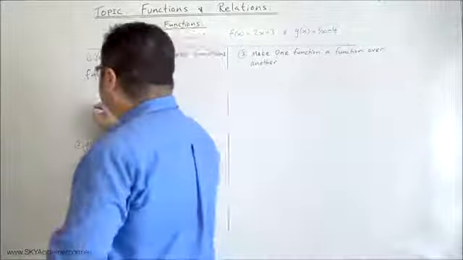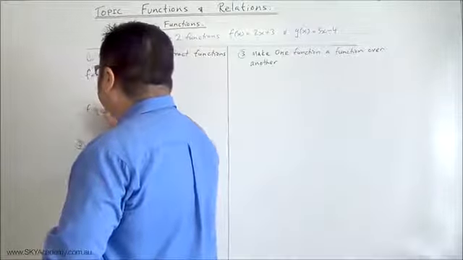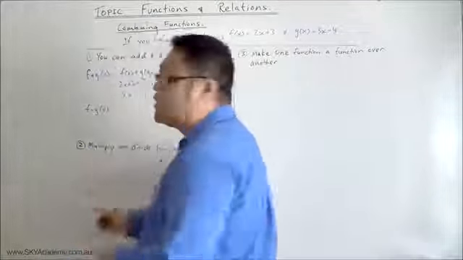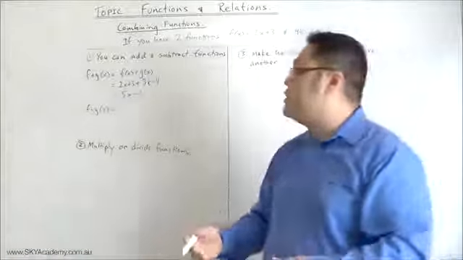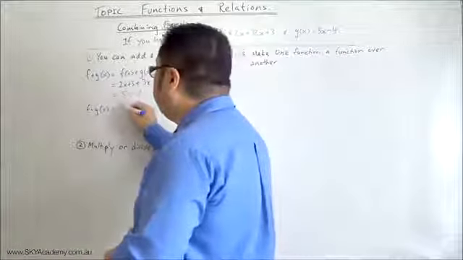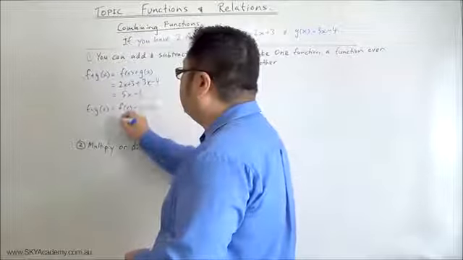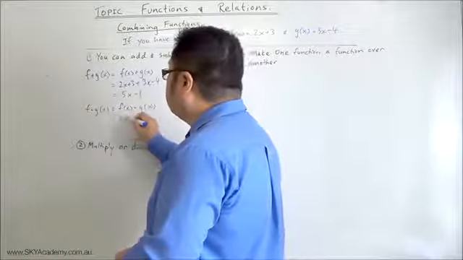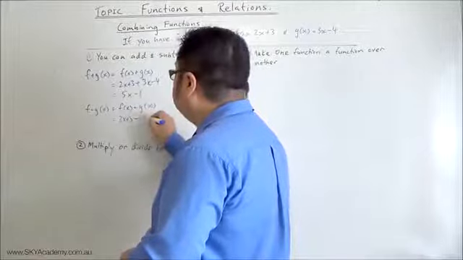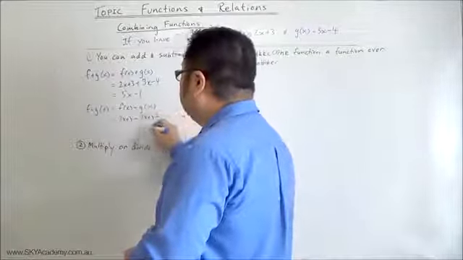We can also subtract functions. So what would happen if we got f minus g of x to create a third function? Well, that would be f of x minus g of x, and that would give us 2x plus 3 minus 3x minus 4.